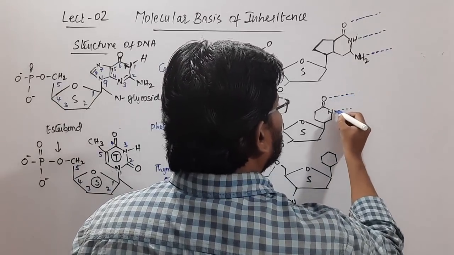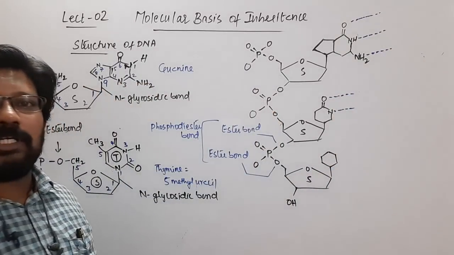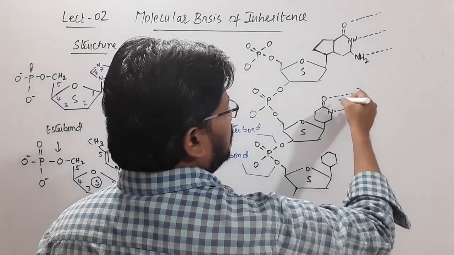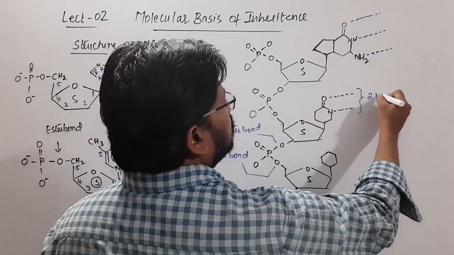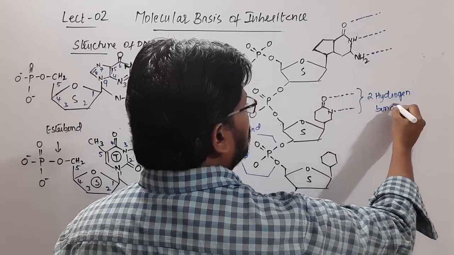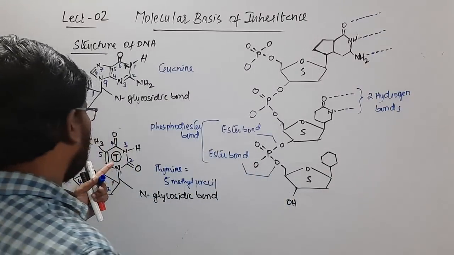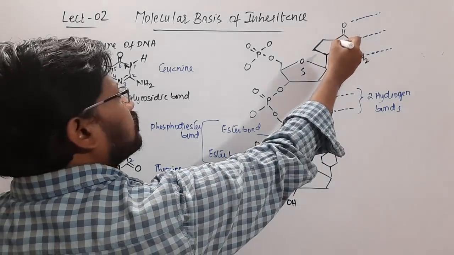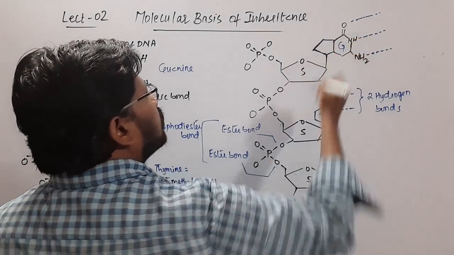Here I'm just mentioning, I'm not able to draw the opposite one. You can see in these two cases it is going to form two hydrogen bonds. I have taken this as thymine and this one as guanine.